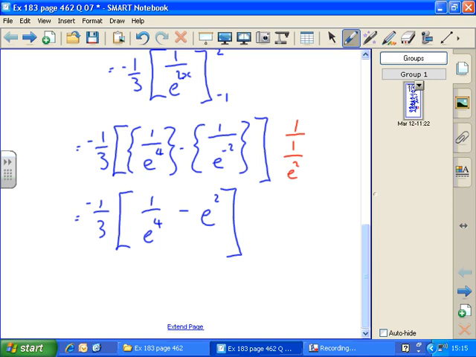Effectively, if you think about when you divide by a fraction, you invert and multiply. So this bottom bit inverts and multiplies, so this becomes 1 times e squared over 1, which is just e squared. So that's where that comes from, which is a slightly simpler form.